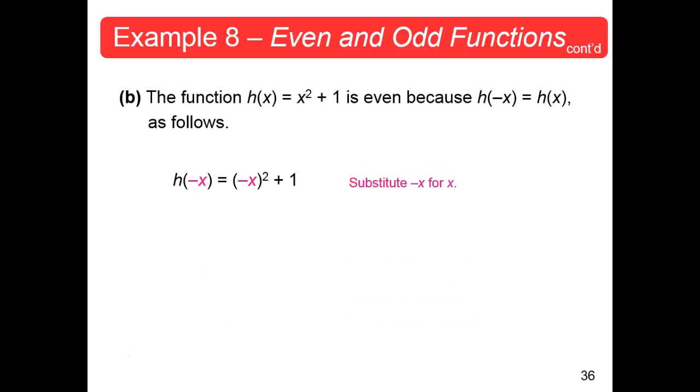Now, what's the exponent here? 0. X to the 0 is 1. Right? And what are both 2 and 0? Even. So therefore, this is an even function. Does that work every time? For polynomial functions. Okay. Now, what if you had an x in here?